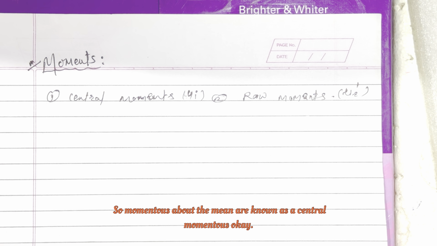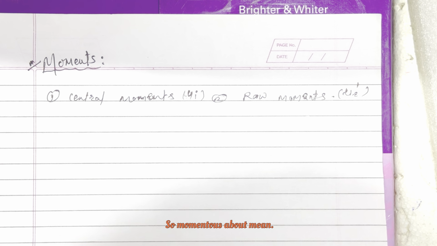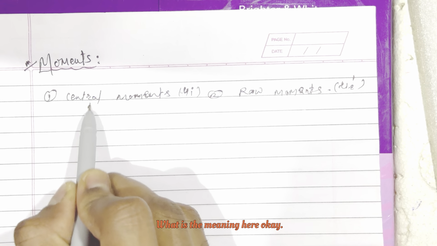We need to understand this. Moments about the mean are known as central moments. What is the meaning here?